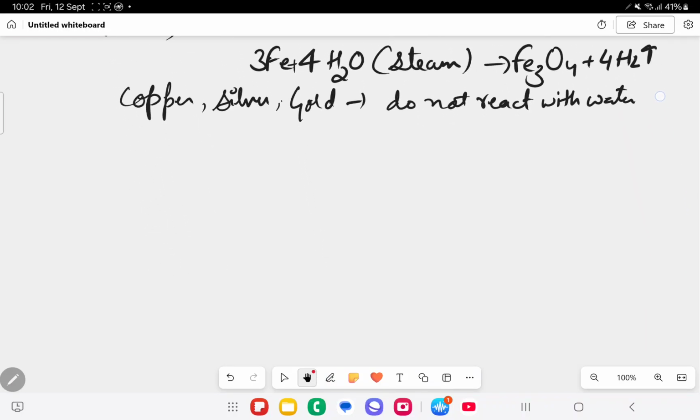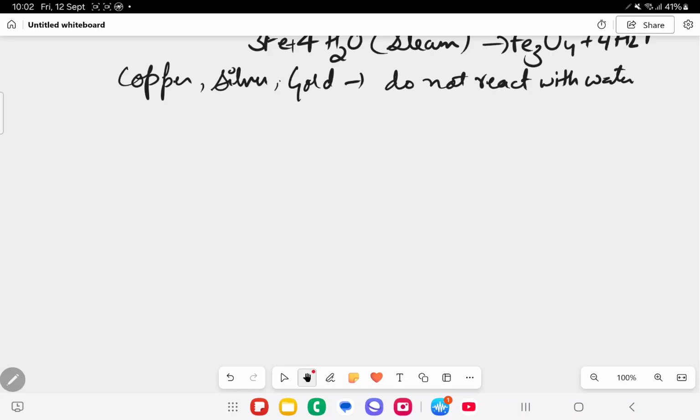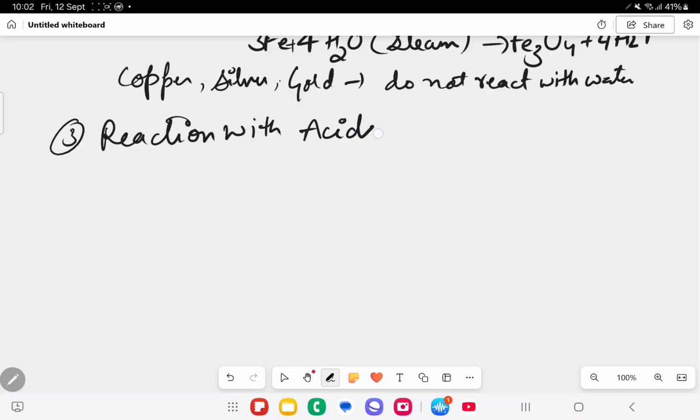Okay, now the third one is reaction with acids. Metals with dilute acid give salt.